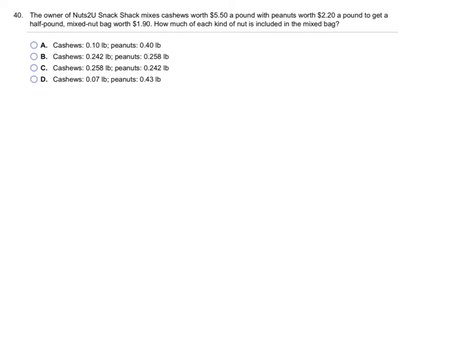First, I'm going to assign my variables. If we look at this question, we're dealing with two different kinds of nuts. We have cashews and peanuts. I'm going to let x be the amount of cashews, and I'll let y be the amount of peanuts.